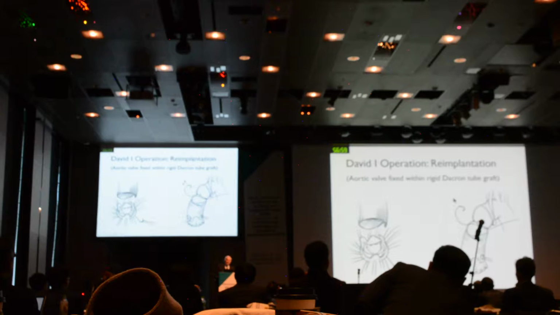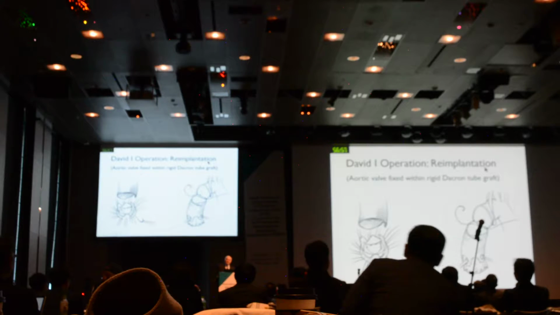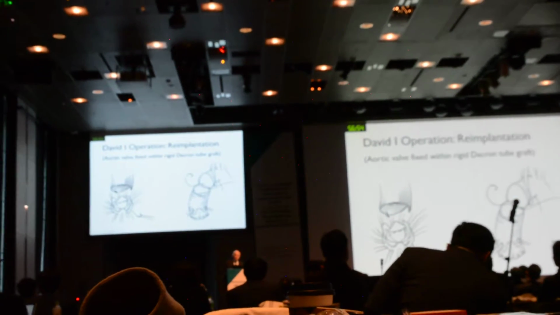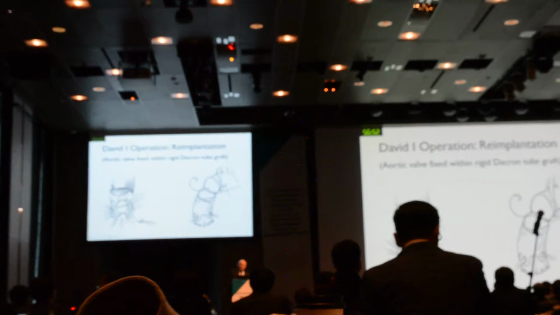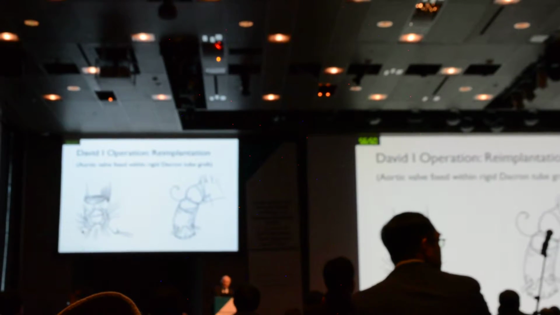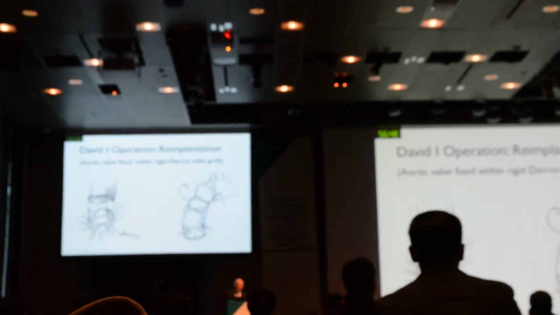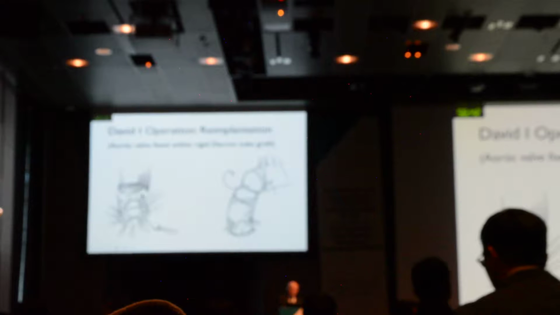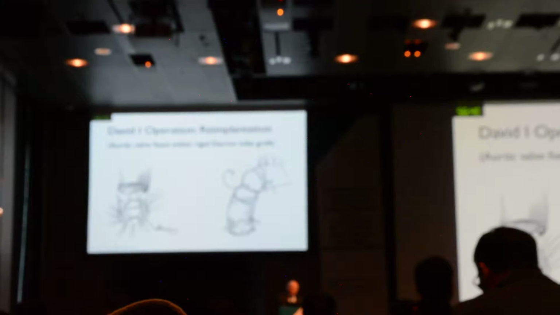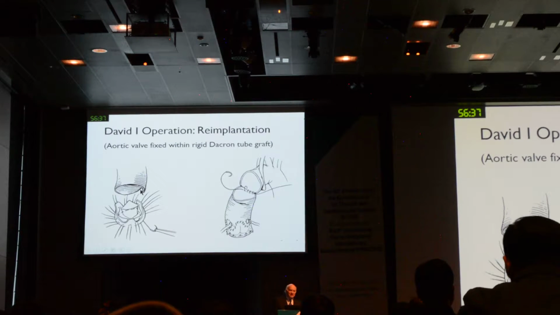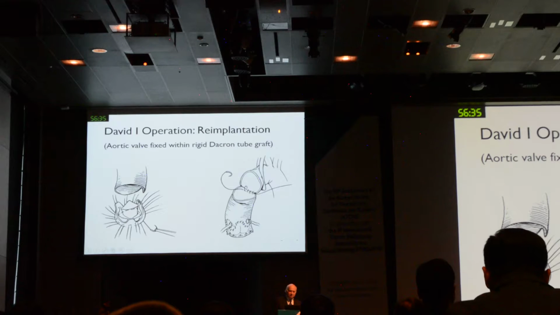Now, the David 1 operation is also called the reimplantation. And as you know, in this operation, a Dacron tube is placed around the aortic valve after the sinuses are excised. There's often that small notch made here to make it easier to seat the graft at the commissure between the left and right sinuses.